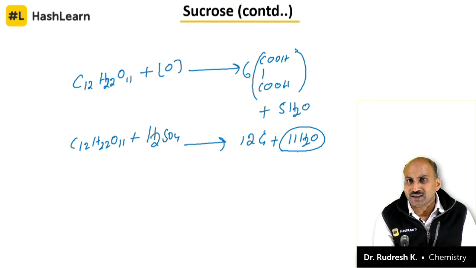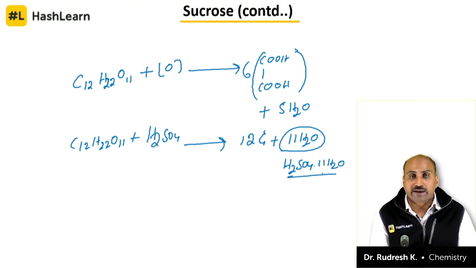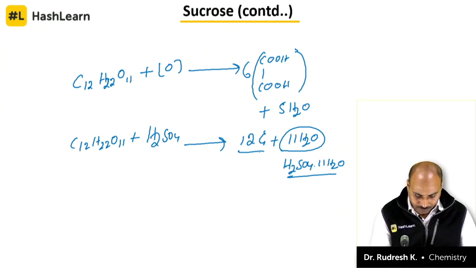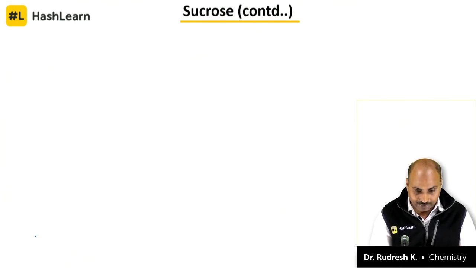We cannot say 11 H2O directly; we usually represent it as H2SO4 dot 11 H2O. In this, the entire sugar gets charred and becomes a fine powder of carbon atoms.